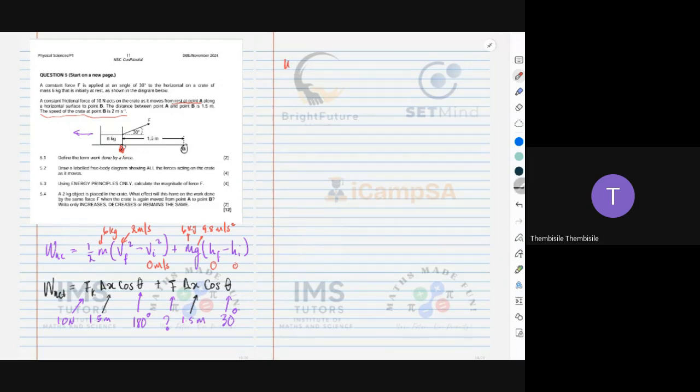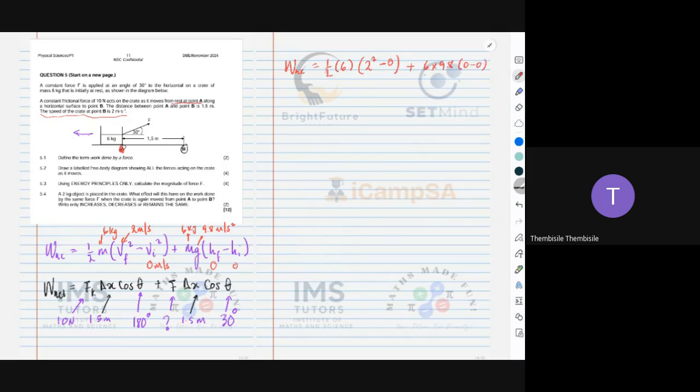We have work done by non-conservative force equals 1/2 times 6 kg, and then you're gonna have 2 squared minus 0. Okay, plus if you substitute this, you're gonna have your 6 times 9.8, then 0 minus 0.